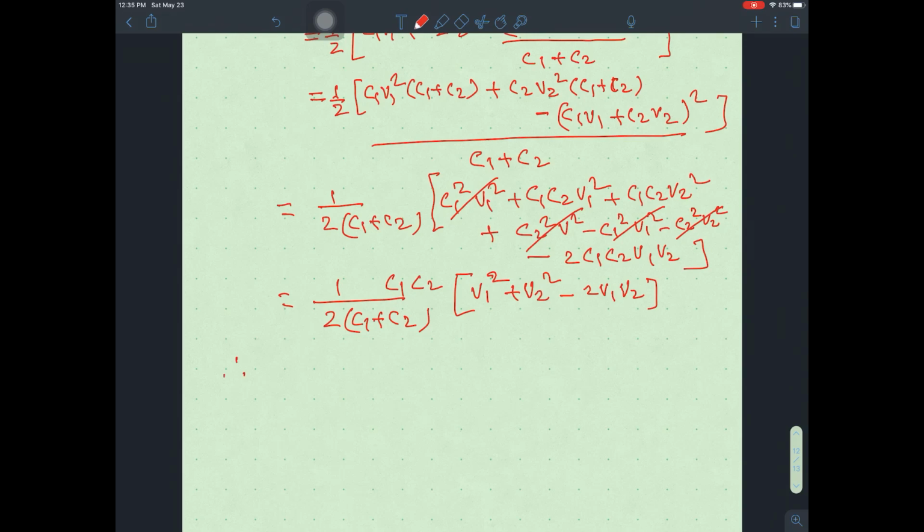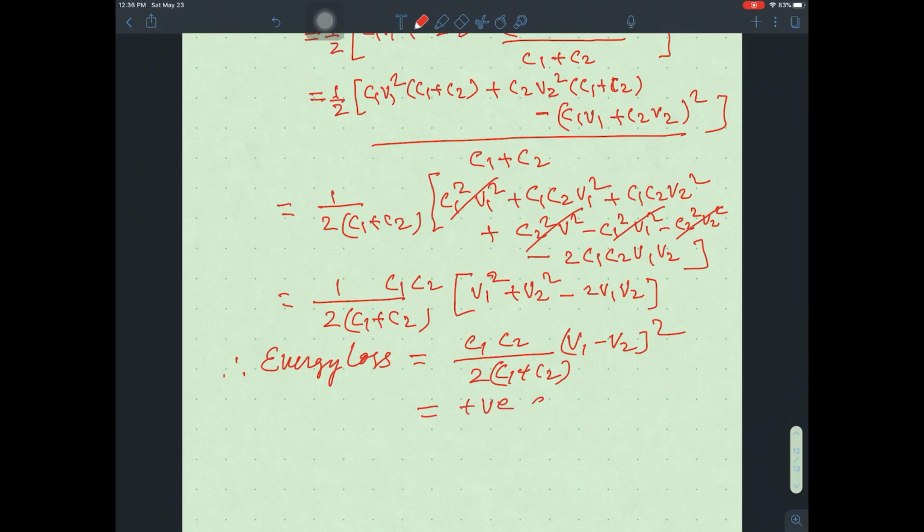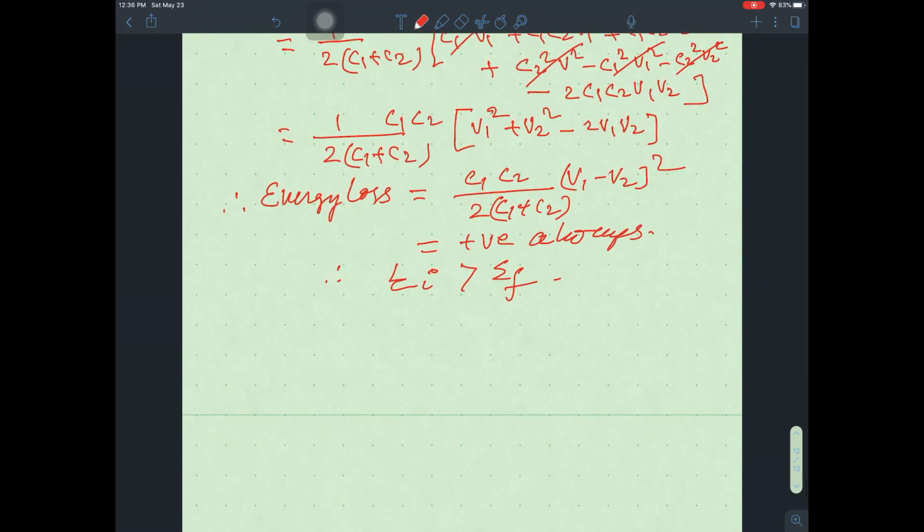So what are we getting? We are getting, therefore, energy loss is equal to C1 C2 by 2 (C1 plus C2) into (V1 minus V2) whole square. And this is always positive. What does it mean? Therefore E initial is greater than E final, and there is always some loss of energy in redistribution.